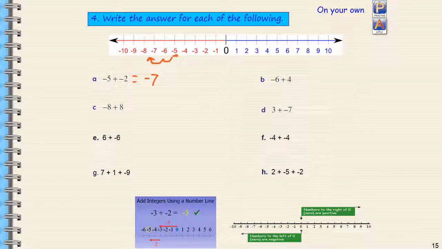It's like they're both negatives, right? So I'm going to end up with a negative number like there. And it's like I've got 5 plus 2 gave me the 7. Remember, when I add opposites, it equals 0. Make sure you can have a go at these yourselves and come up with some answers.